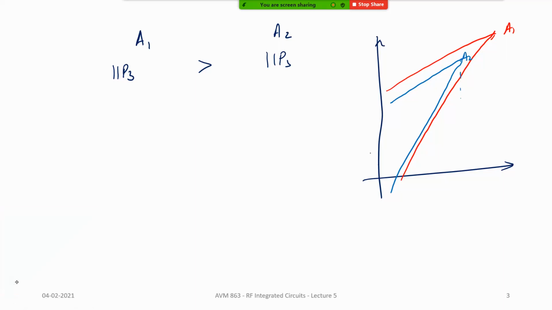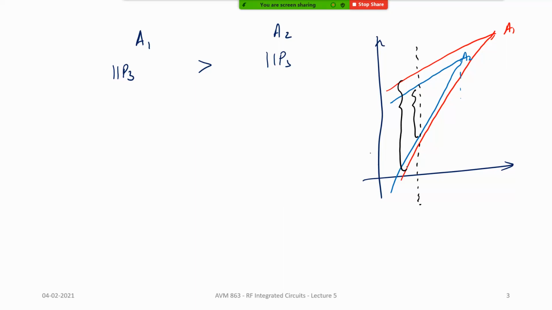If you were to operate this amplifier at some power level here, you will see that the relative IM is much higher, or rather the carrier to IM suppression is more for A1 than for A2. So typically the higher the IP3 number, the more linear your amplifier is.